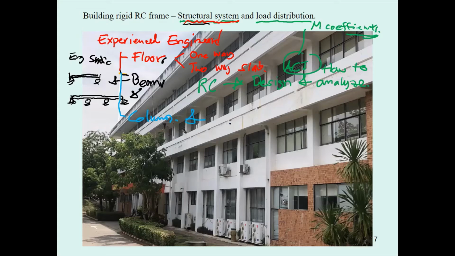Most of the time they assume the column as a short column, and then all the load will transfer to the short column as what? As compressive forces, and you design the column unit. And then finally, if you do it from the roof to the fourth floor, third floor, second floor, first floor, until the end of it, you transfer the load to the footing or to the foundation of the structure.